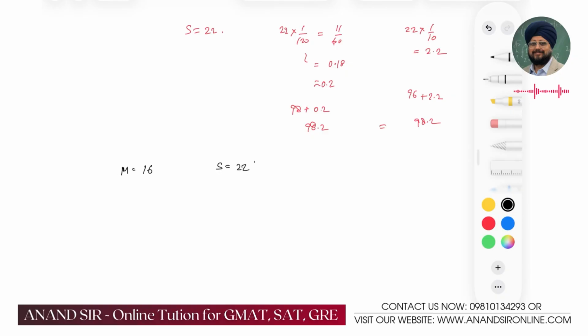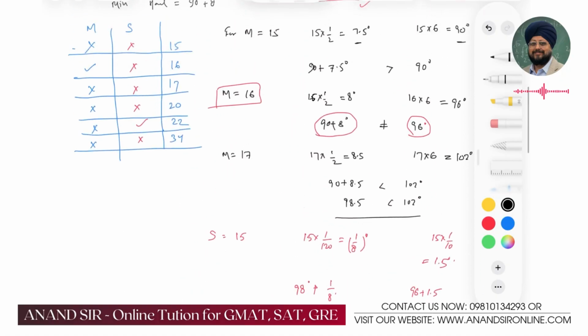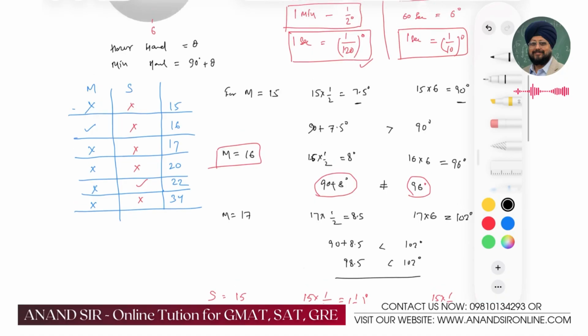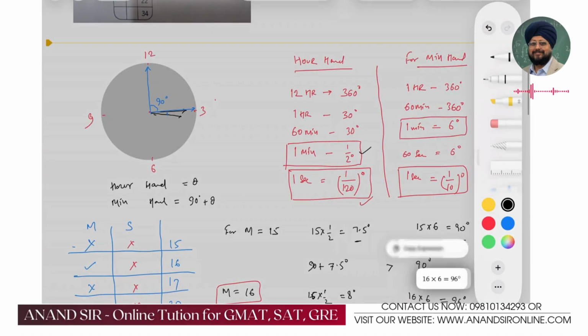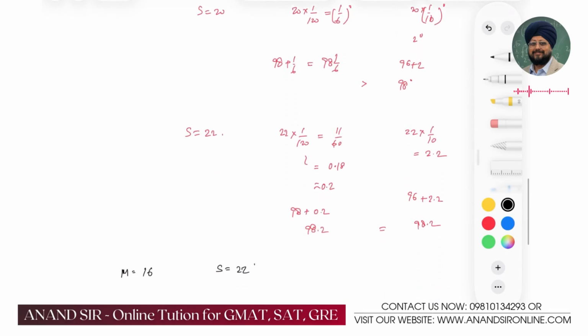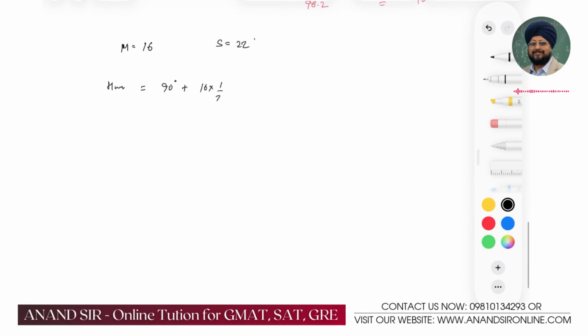The hour hand will be at 90 degrees plus 16 into 1 by 2 plus 22 into 1 by 120, whereas the minute hand will be 16 into 6 degrees plus 22 into 1 by 10.